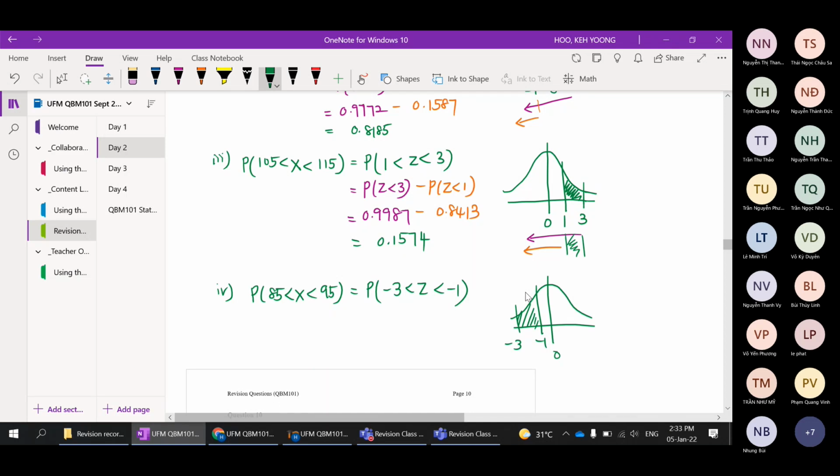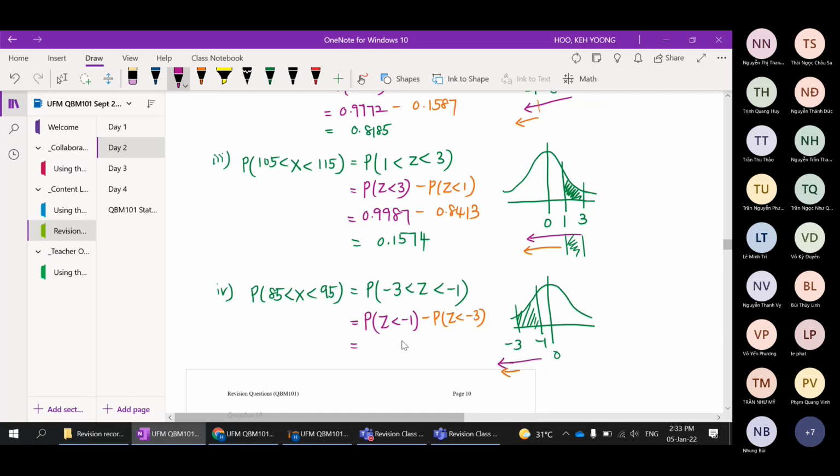Same, take the area. The larger Z value would have the larger probability. So -3 and -1, which one is larger? -1 is larger. So take the larger probability and then you minus the smaller probability. Refer to the statistical table.